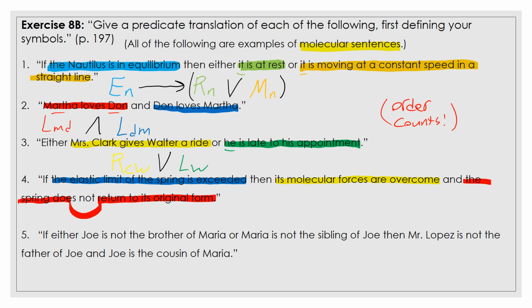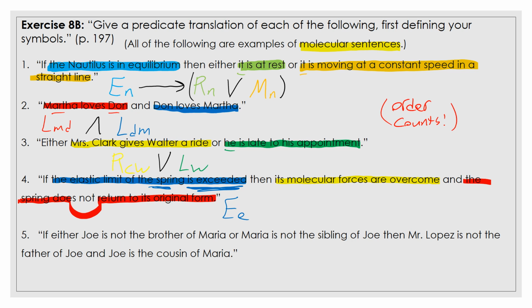Because here it's not clear what should be treated as the predicate, that's the easy part, but what should we say is the individual term, or terms, or the names. So we have the elastic limit of the spring is exceeded, so that seems like a good predicate, so we'll give that a capital E. And then for the term, we could say the elastic limit of the spring, so lowercase e. On the other hand, I can understand why someone would say just the spring and give it a lowercase s.